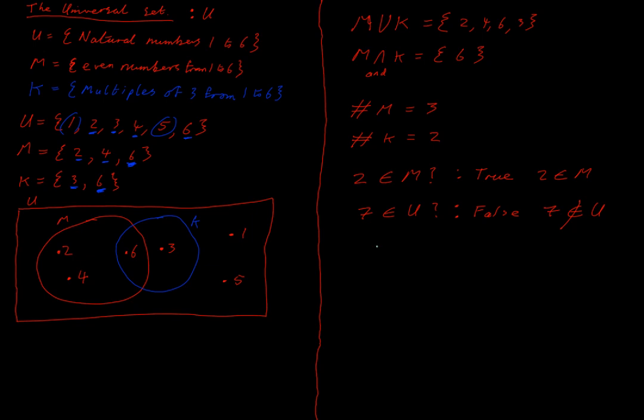So finally, we're going to have a look at subsets. So how do we write subset? Well, let's try this one here. I need to write a set if I'm asking about a subset. So is 2, 4 a subset of M?